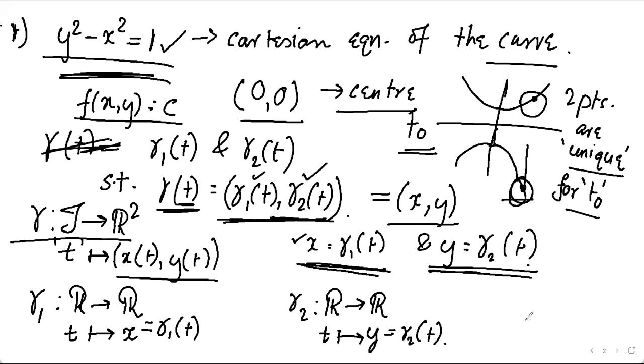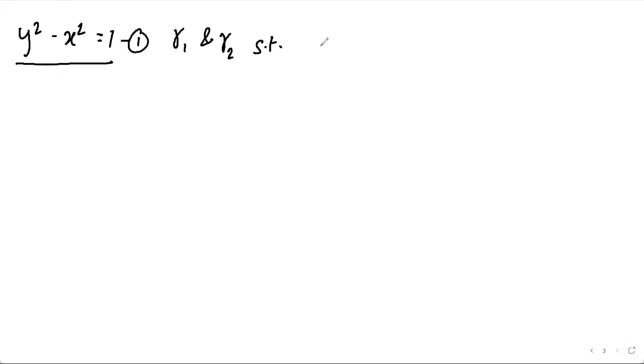Okay, so for this example, y square minus x square equals 1, we need gamma 1 and gamma 2 such that this equation is satisfied.